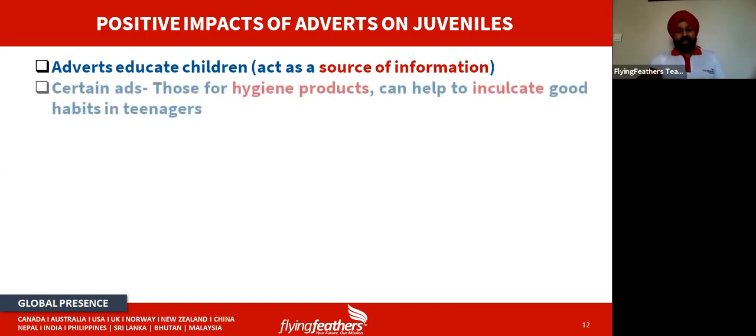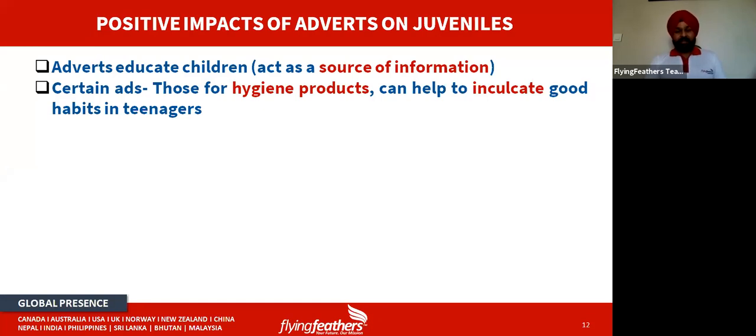Second is that certain advertisements, those for hygiene products, can help to inculcate good habits in teenagers. See, now I have used a different word for juveniles over here. It is teenagers. Okay.